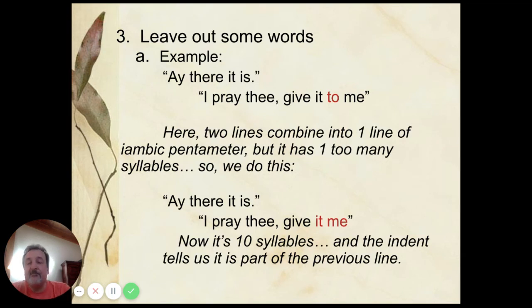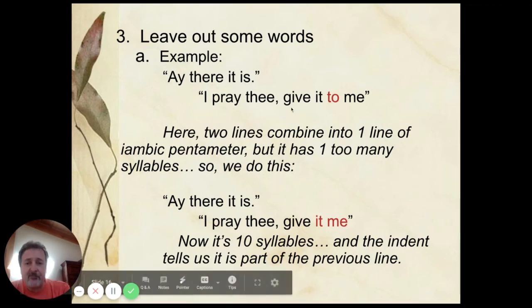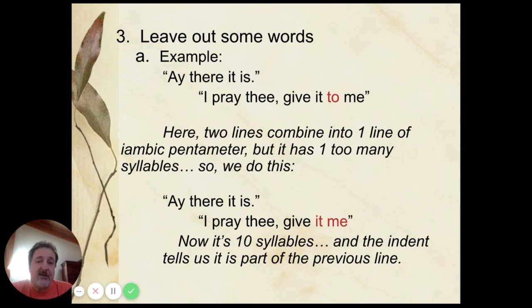Third thing you do is something we do all the time. You leave out some words. You just drop them. So here, when Oberon and Puck are talking, and Oberon wants Puck to give him the flower, Puck says, "Aye, here it is." And Oberon says, "I pray thee, give it to me." But that's the wrong number of syllables. All right, because here, this whole thing has to add up to 10. "Aye, here it is.